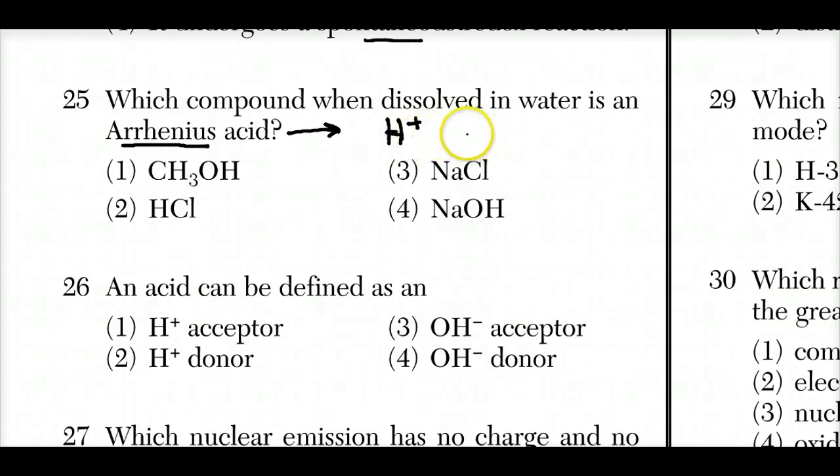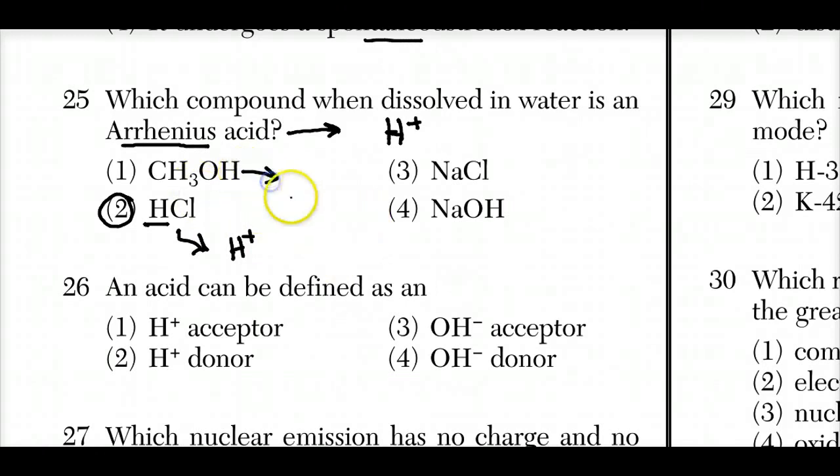So when dissolved in water, an Arrhenius acid. So who has protons to give? Well, there it is. HCl is an Arrhenius acid because it has a proton that it can give to a solution. Now, it's not donating protons. That would be the Brønsted-Lowry definition, which the Regents calls the other definition.